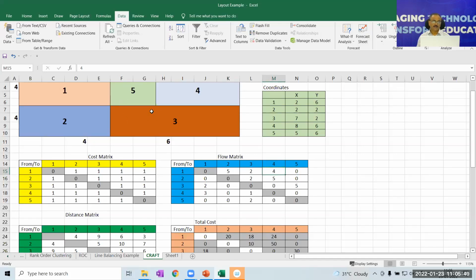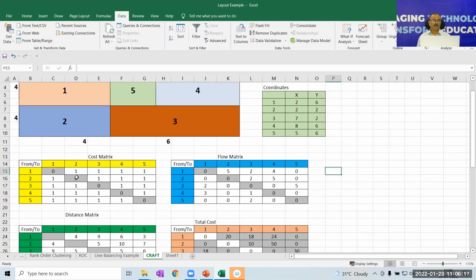So in case of any layout, there will be a flow of material from one department to another department. Each flow will result in certain cost. For simplicity here, I have considered the cost as 1 only. But in a real-life situation, whatever cost is involved may be based on the movement of the material handling devices.